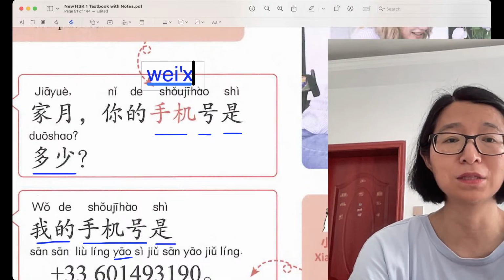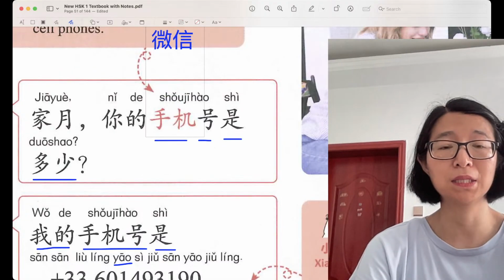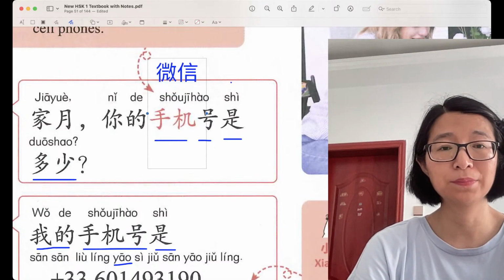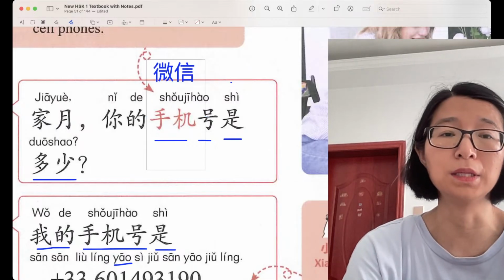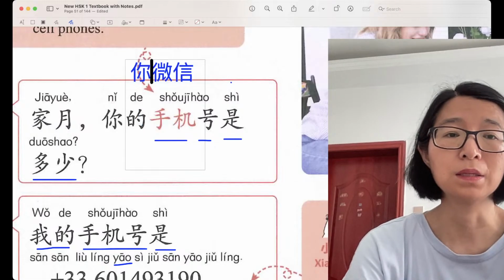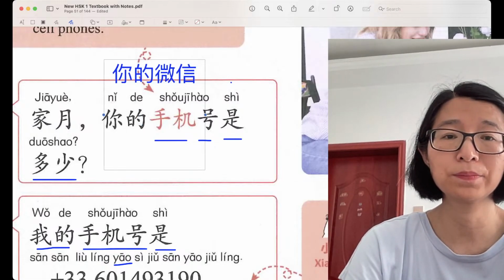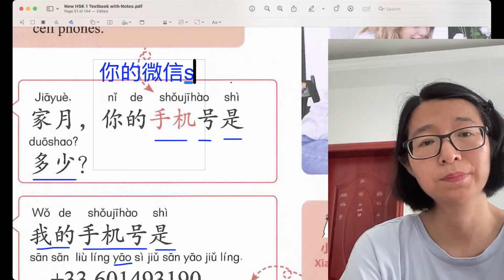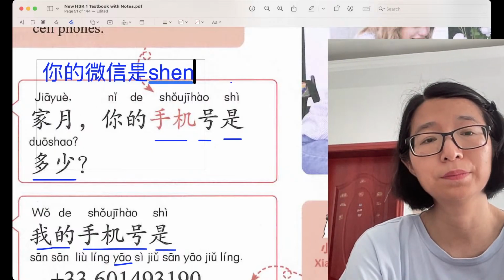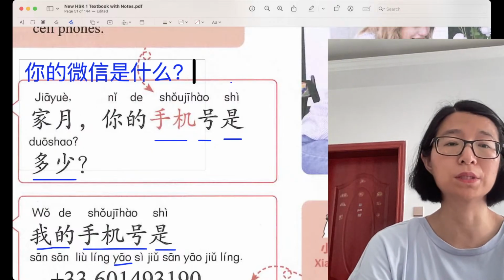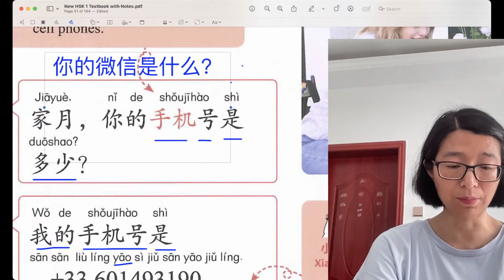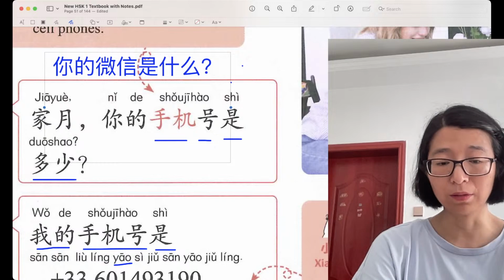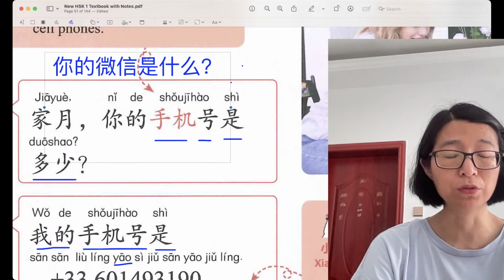So how to say it? We can say 微信. So how to ask the full sentence? You can say 你的微信是什么? You can say 是什么 is what, or you can say 是多少 is how much. You can choose either one to ask.